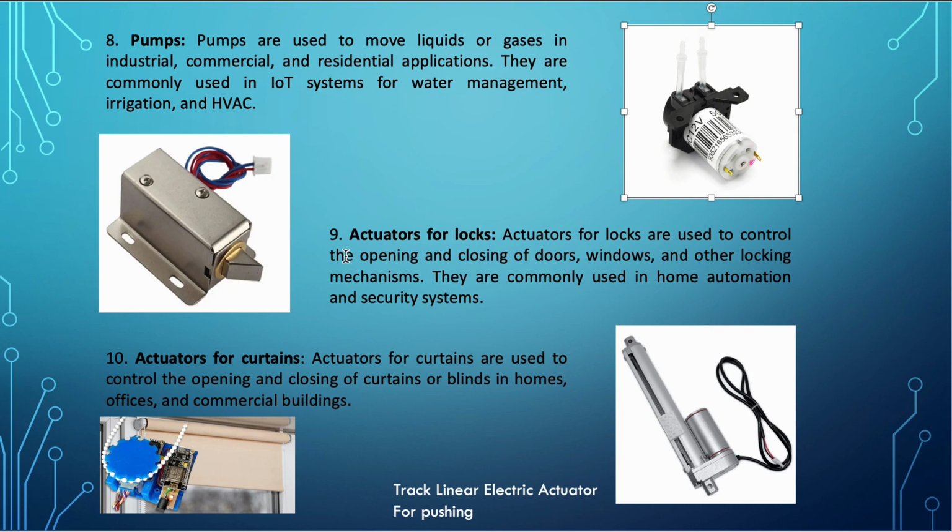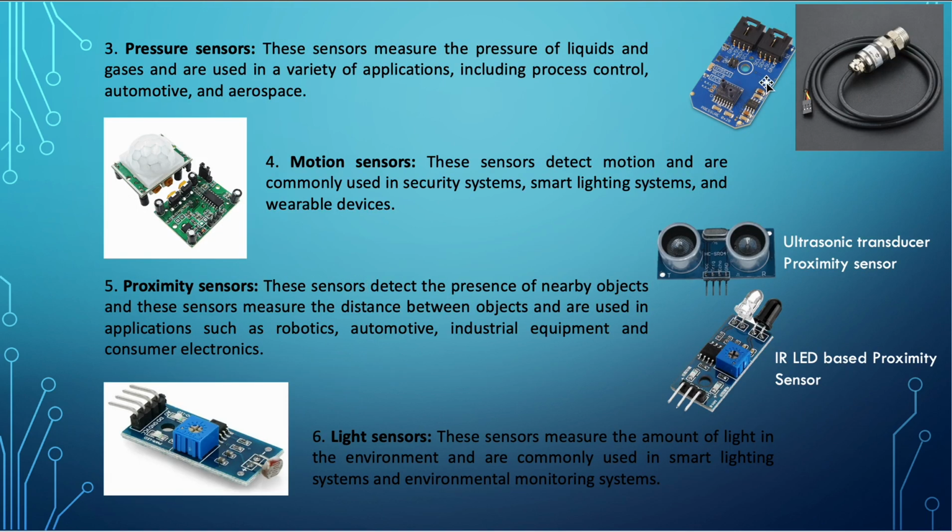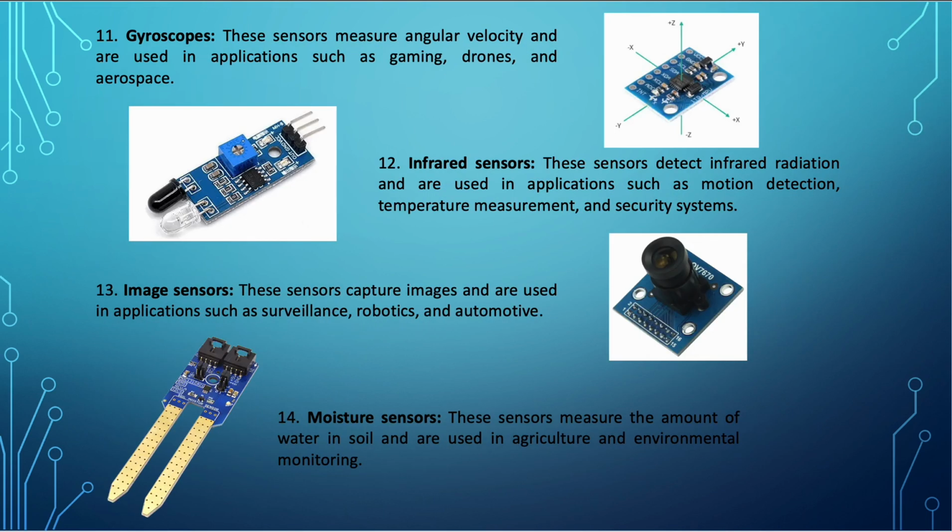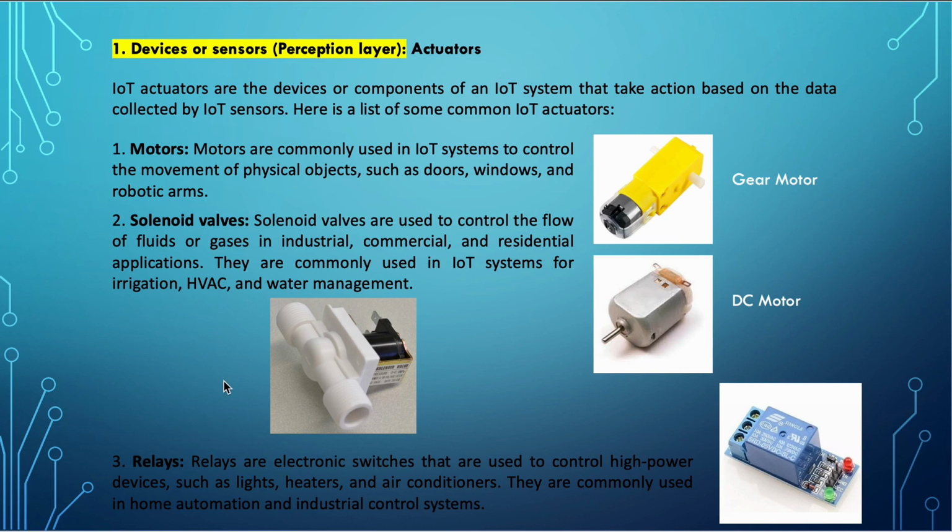When there are pumps, if we go to sensors, we can use pressure sensors in conjunction with pumps to maintain correct levels of pressure inside the pipes or inside the storage areas, right? In conjunction with that, we can use other actuators. We can use solenoid valves to control the flow.